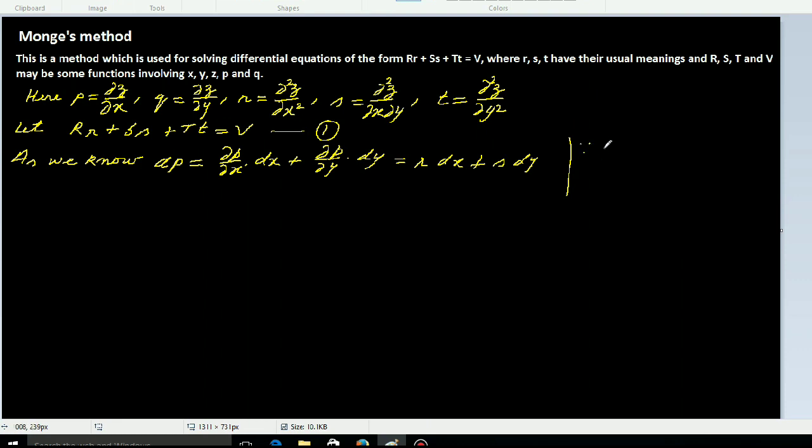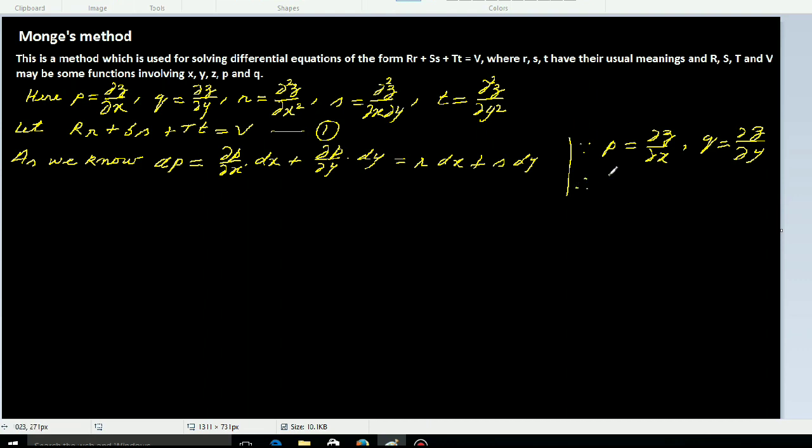Since p is equal to del z over del x, we differentiate p partially with respect to x, and q is the partial derivative of z with respect to y.